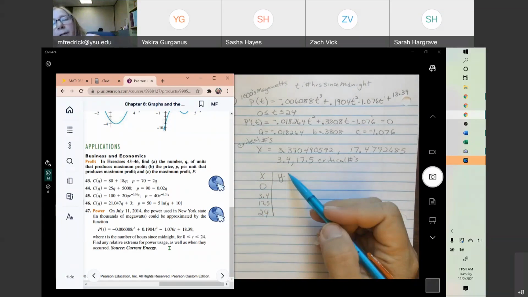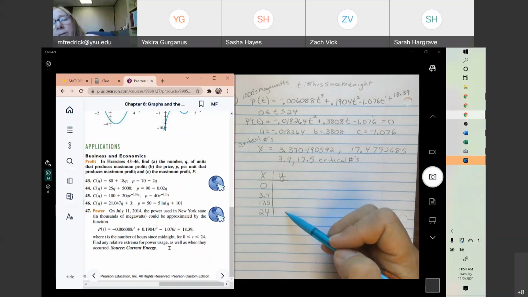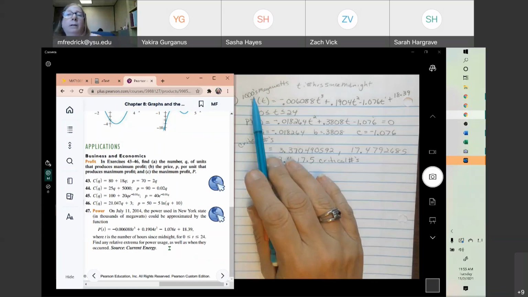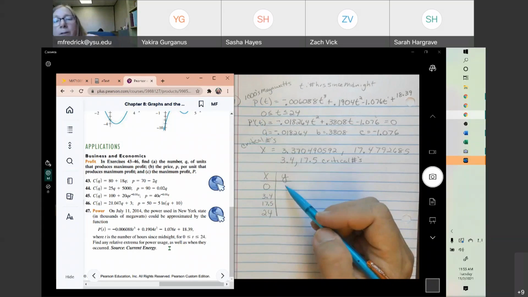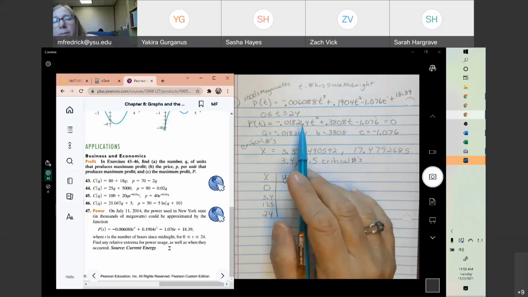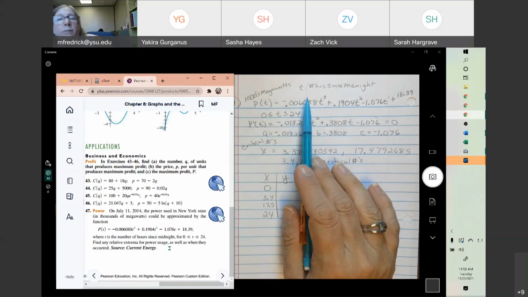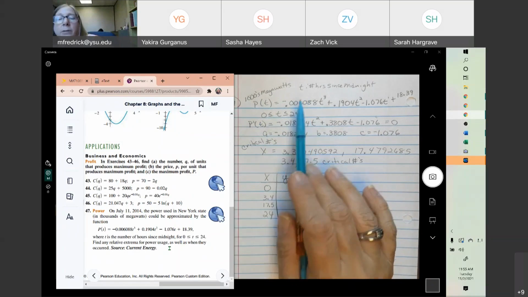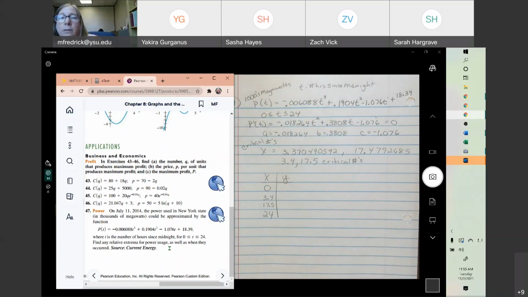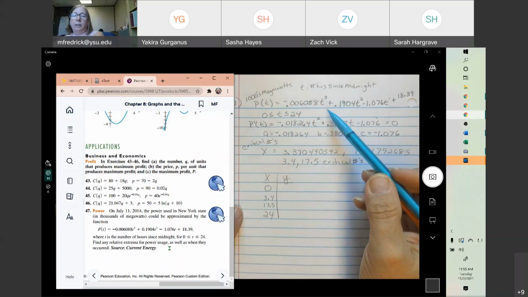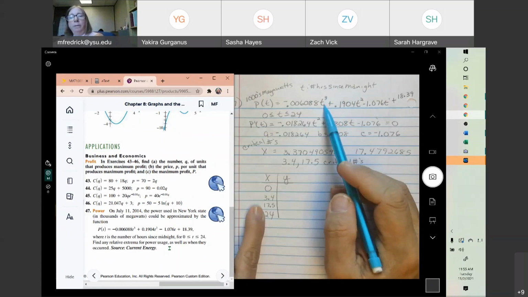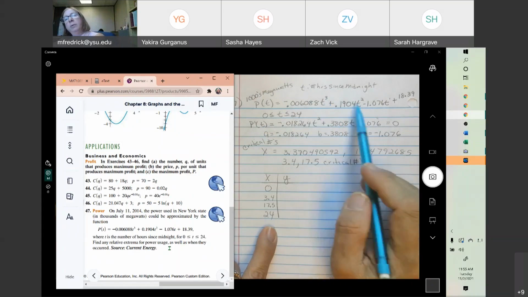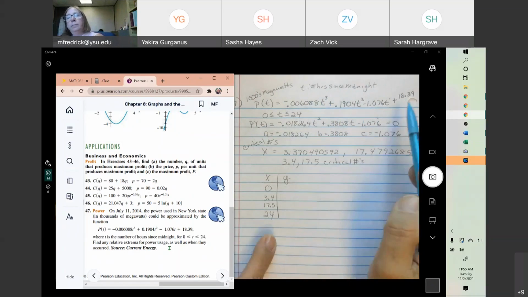Now to find the peaks or the megawatts, you take these and you plug them into the one before the derivative, which in this case is the original. So you plug 0, 3.4, 17.5, and 24 into here.